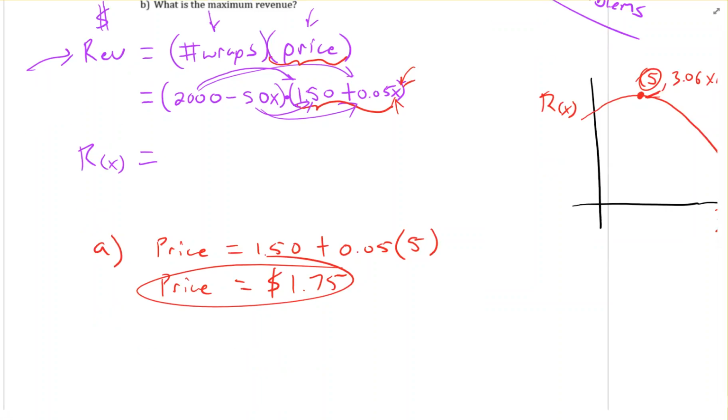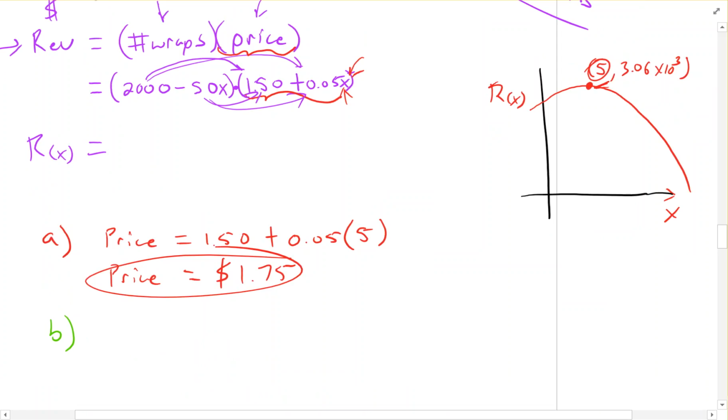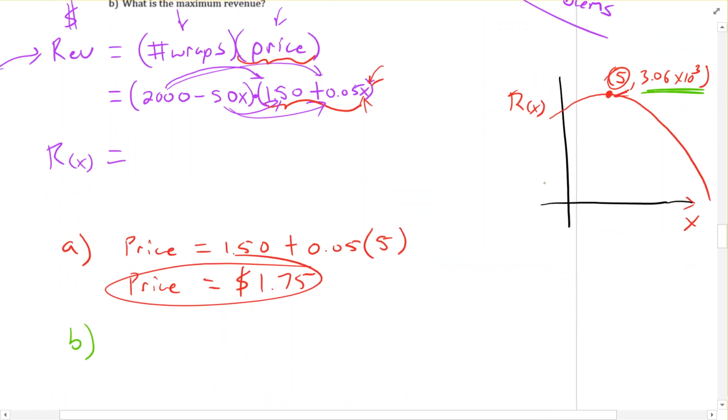All right, and then part B. I know this is probably not that simple. Part B is this, right? It's saying what's the maximum revenue? That's the Y value, right? Maximum revenue was our Y axis here. So at that maximum point, we'll say max rev for revenue is going to be 3.06 times 10 to the 3.